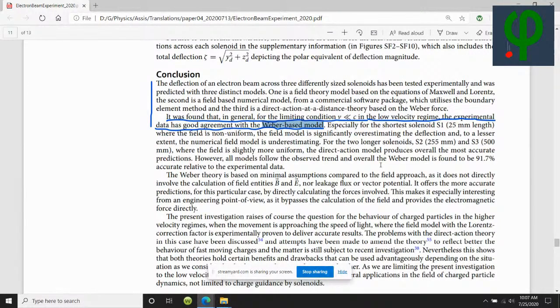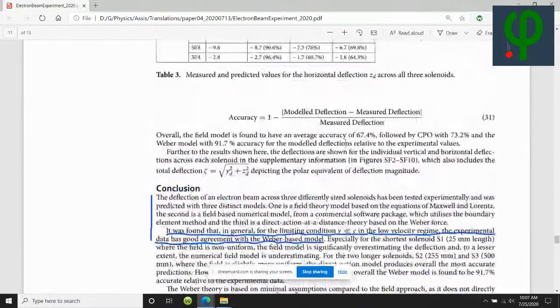But I will say that I am well aware that Weber does not fit all experimental data everywhere and at all times. But it is much better than the Maxwell-Lorentz force equation in the low velocity regime. And this is experimental data showing that. So just wanted to point that out to everybody here.